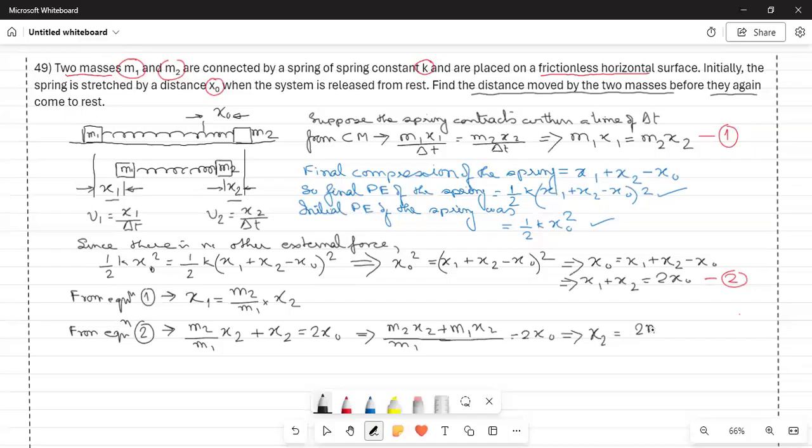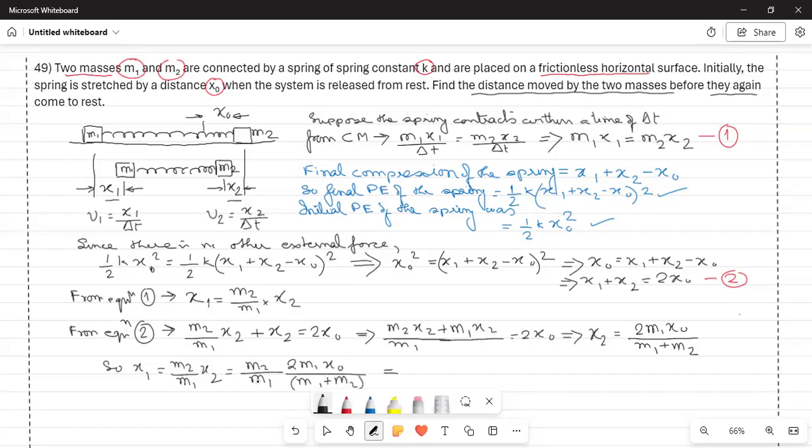2 M1 x0 divided by M1 plus M2. So, what is the value of x1? x1 is equal to M2 by M1 x2, which is M2 by M1 times 2 M1 x0 divided by M1 plus M2.